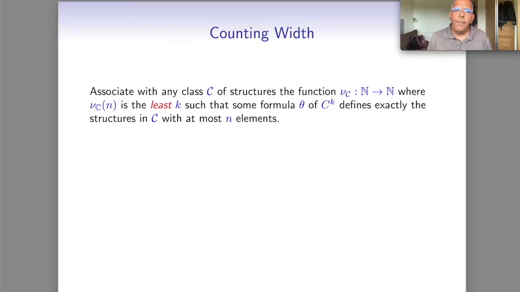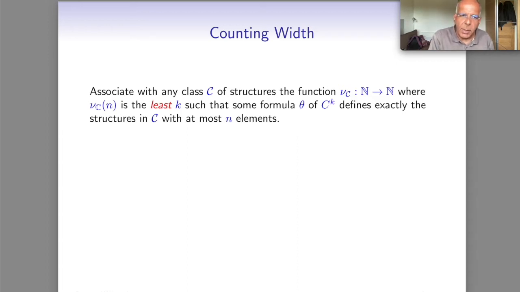So one of the key notions we've defined as we've gone along is that we can take any class of structures, for example, a class of graphs, and associate with it a function, which we call the counting width of the class, which gives for any n the least value k, such that some formula of C^k defines exactly the structures in C with at most n elements. Right?